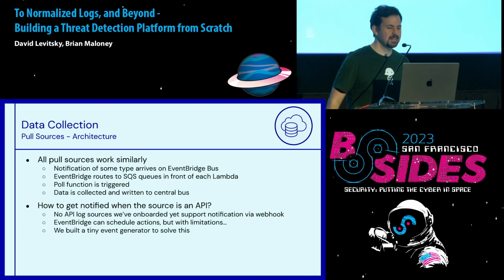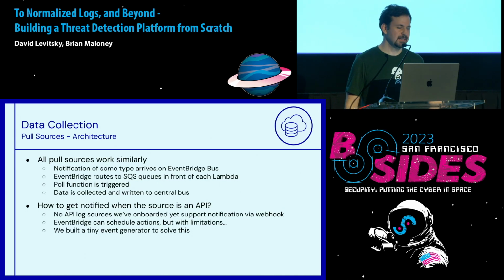Now, what about when it's an API that we're pulling from and it's not an S3 bucket? S3 buckets are pretty much the trivial case, but when it's an API, you may not get a webhook notification. I haven't really even seen that. EventBridge has a scheduler built in, which is an AWS service, but that scheduler does have some limitations. It doesn't have any ability to catch up if it gets behind.